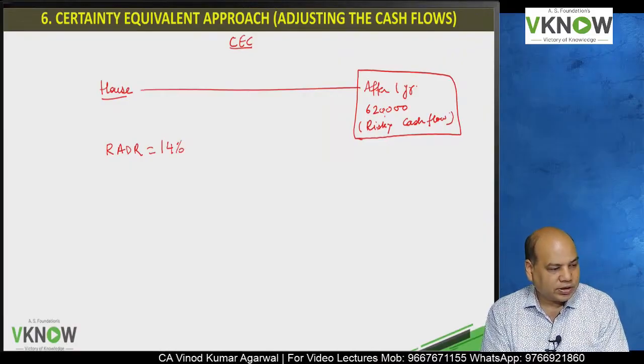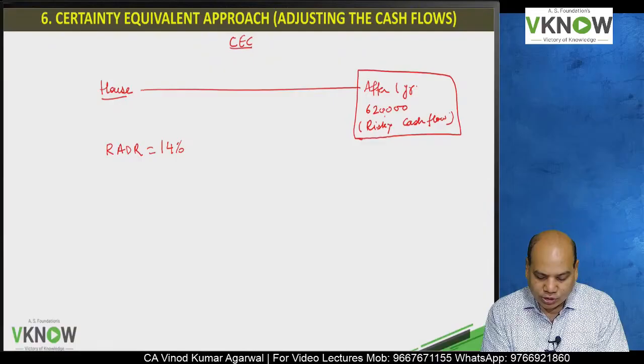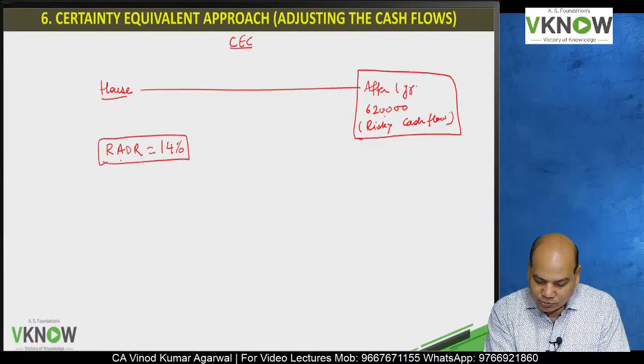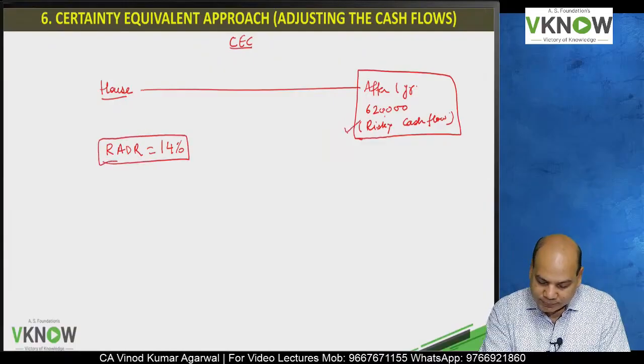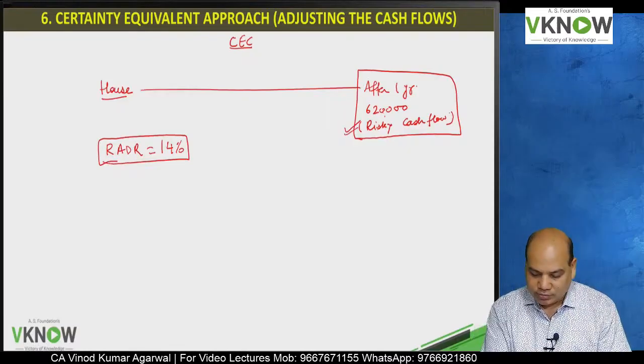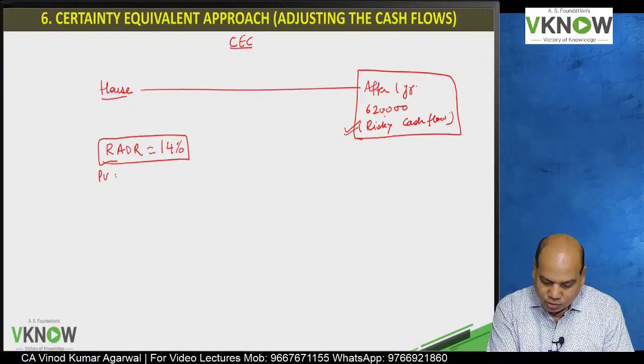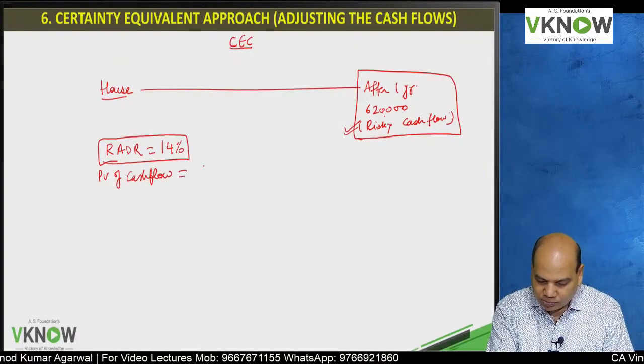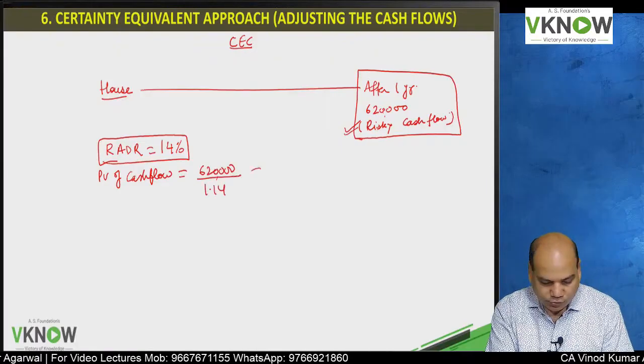So my present value of cash flow will be 6,20,000 divided by 1.14.